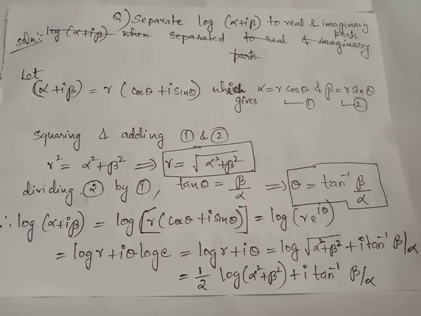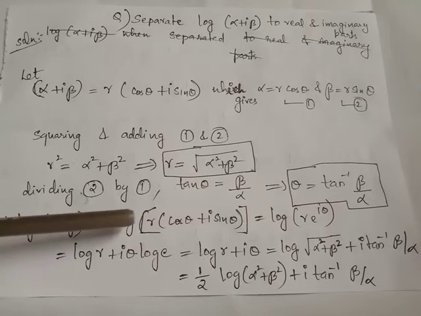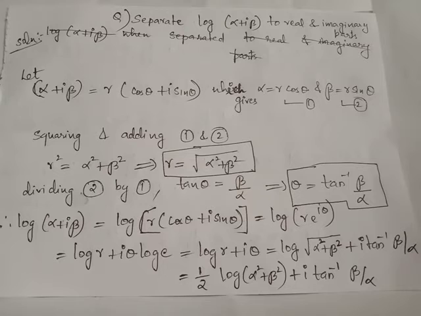Now we can rewrite log alpha plus i beta as log of R times cos theta plus i sin theta, which can also be written as log of R e raised to i theta by using the same Euler's identity.